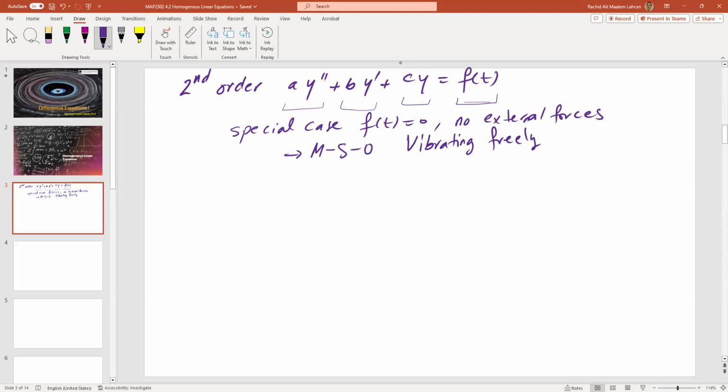All right. So if that happens, then this is what's called the homogeneous equation.